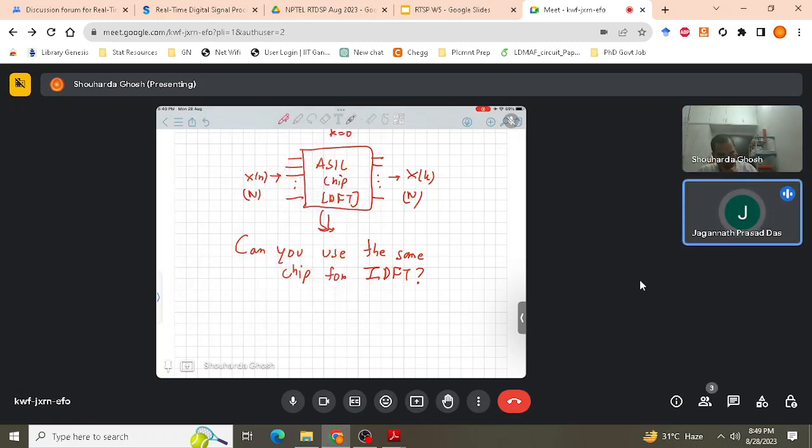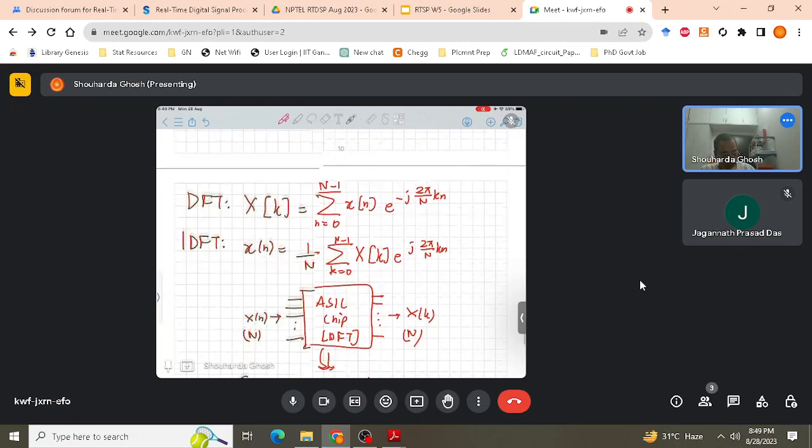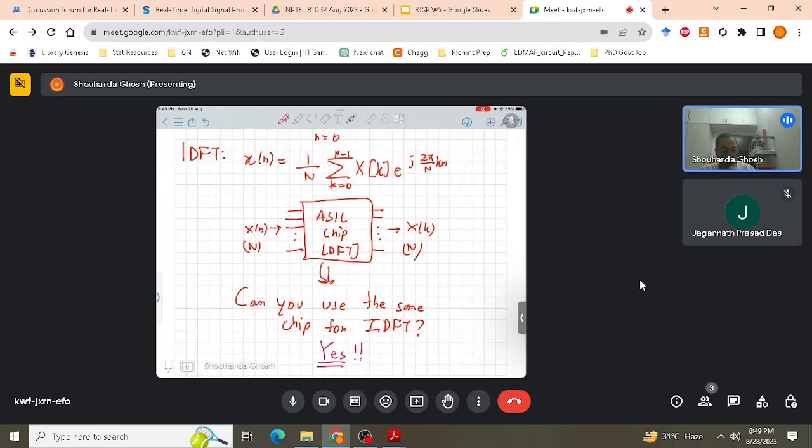The formulas are similar, so I feel the answer is yes, and that's absolutely correct. It's really good that we can use a single chip for both purposes, because in communication systems we often have these FFT structures being utilized, where at some point you have to do the DFT, and automatically you have to do the IDFT or the IFFT at the other part as well.